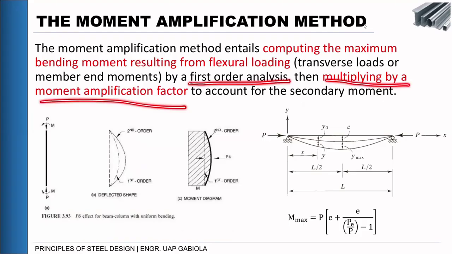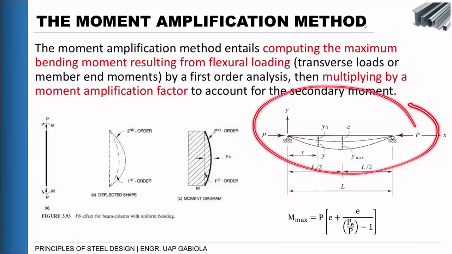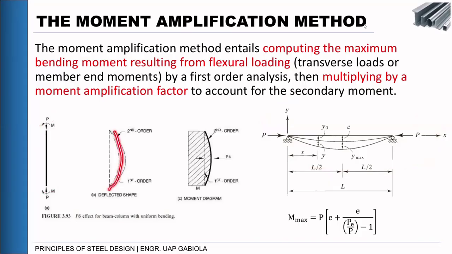Okay, so this moment amplification factor can be derived using this diagram. Okay, so same idea siya of this one. Yung effect natin, yung first order natin, ito yung deflected shape, ito yung kanyang moment diagram. Pero since meron tayong additional moment caused by the eccentric loading, we produce another deflected shape and also moment that is included in our calculation.